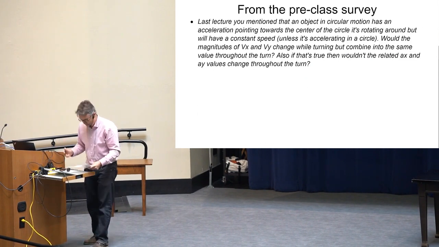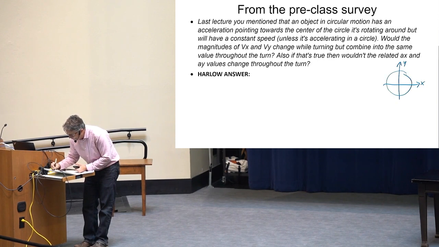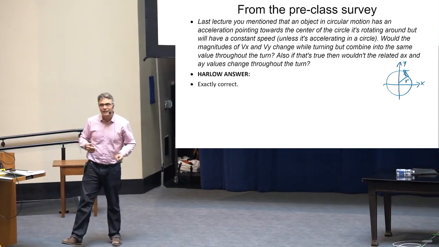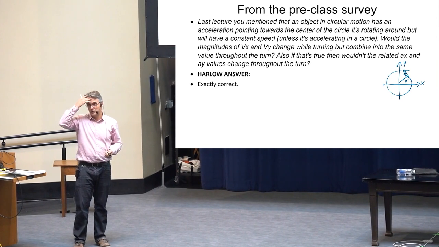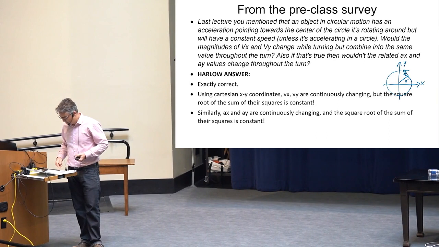So yeah, this is just an interesting one: if you look at Cartesian coordinates, y and x for uniform circular motion, then Vx and Vy are continuously changing. And also Ax and Ay are continuously changing.